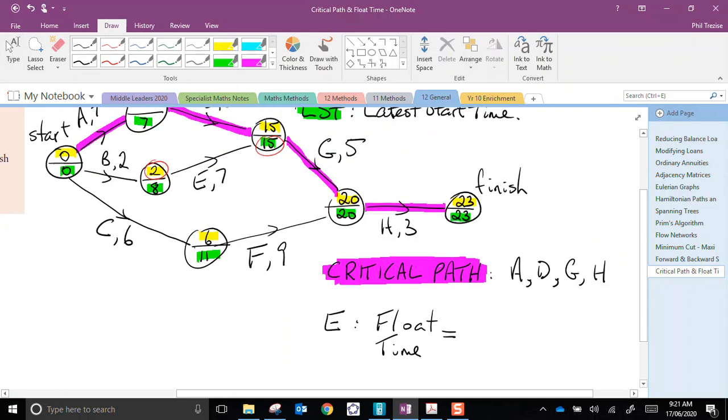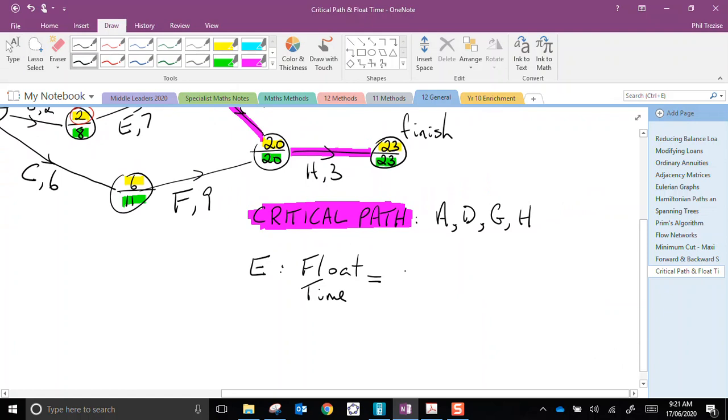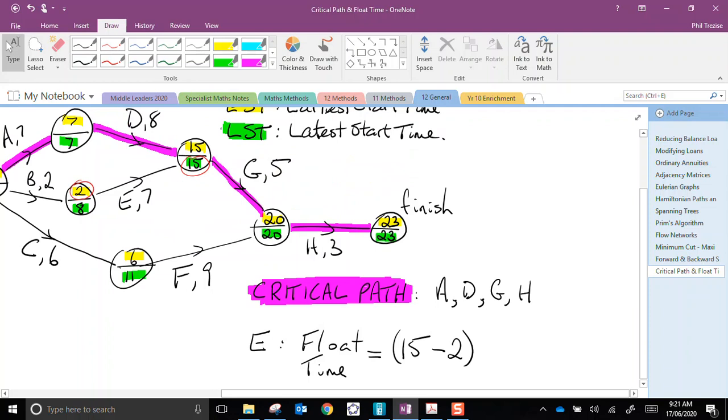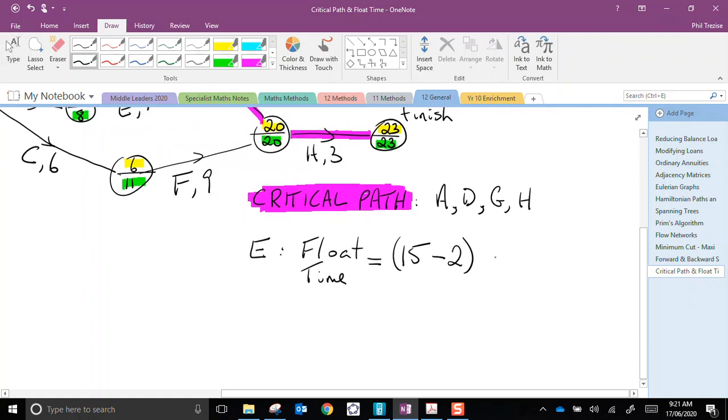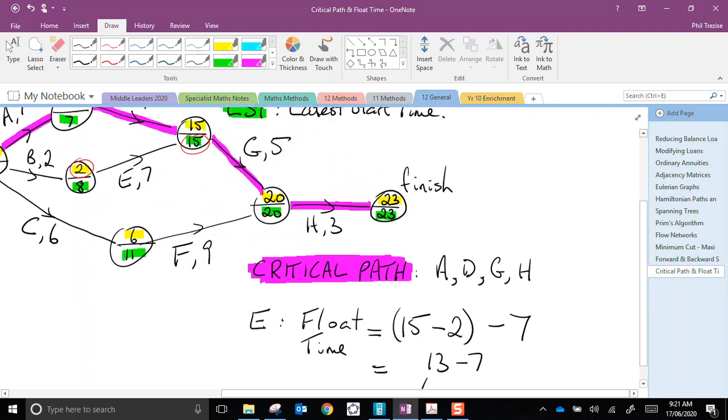What were those numbers? 15 take 2. And that gives me the little time window in which I have to get job E completed. So 15 take 2 is where I got 13 from. Job E, of course, as we can see, the duration of job E was 7. So I end up with 13 take 7, or 6. The float time for job E is 6.